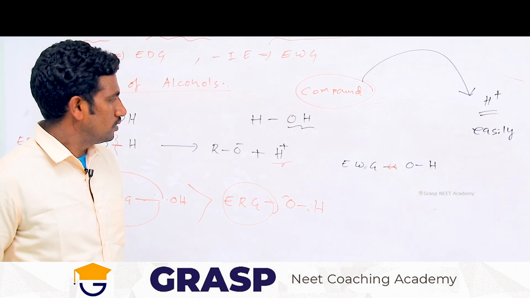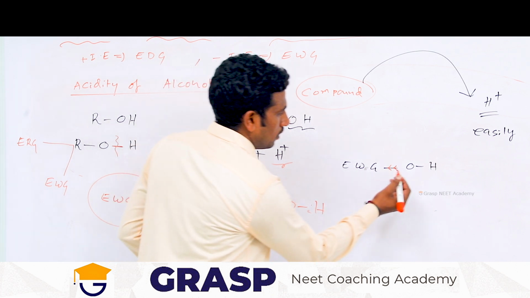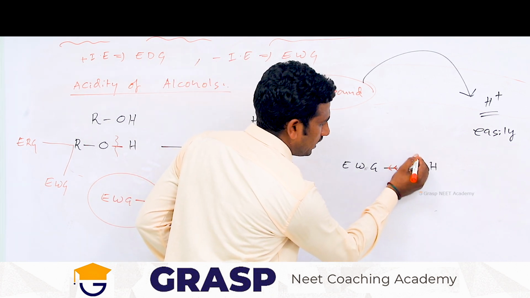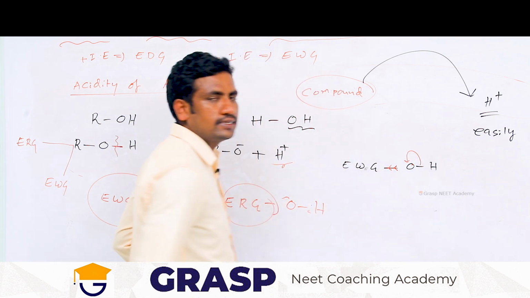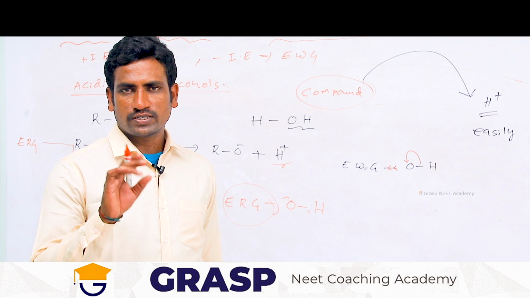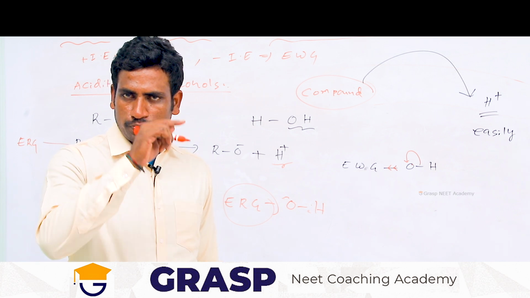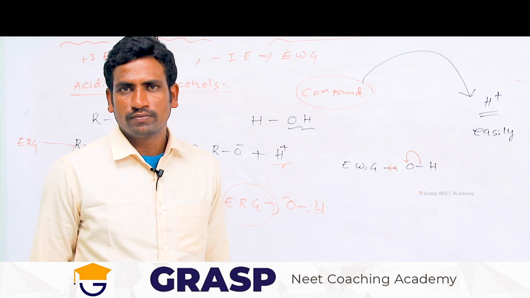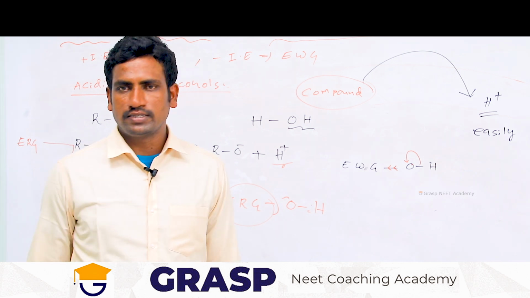Then oxygen is going to get a positive charge, so oxygen will take the electron from the oxygen hydrogen bond. There is a necessity of electrons. That is why in the oxygen hydrogen bond, electrons are shifted towards the oxygen side, because oxygen is a more electronegative atom. Then H plus will come out easily.